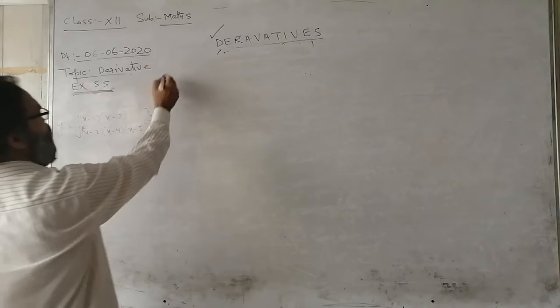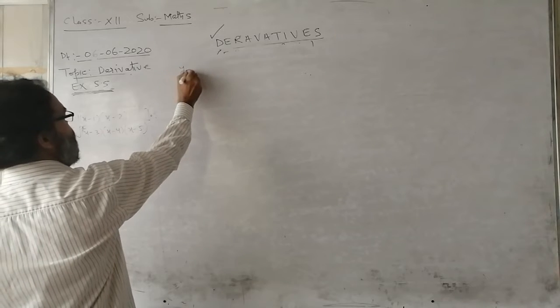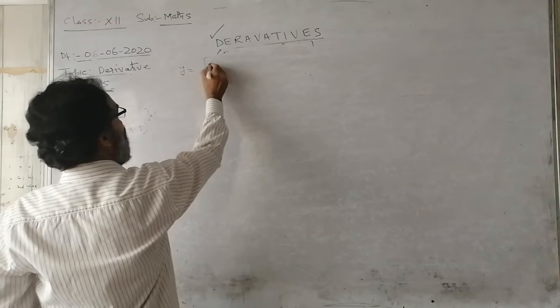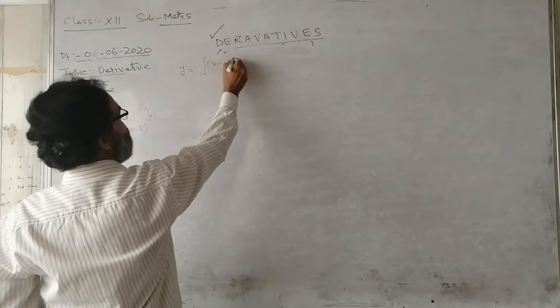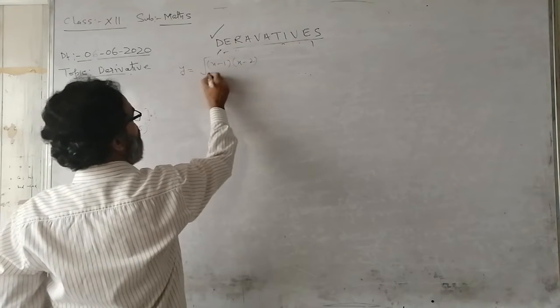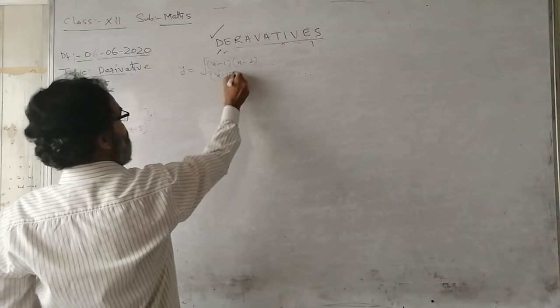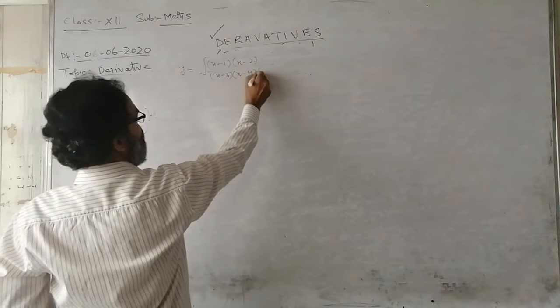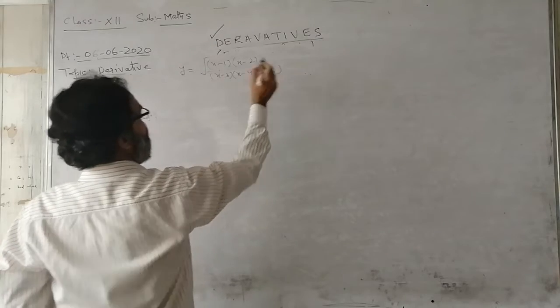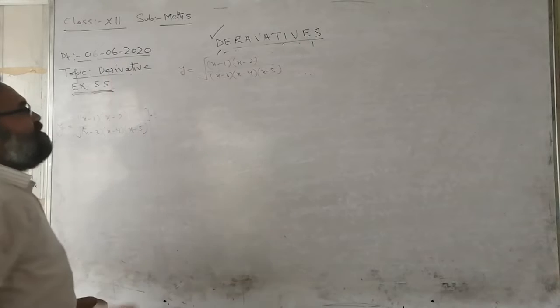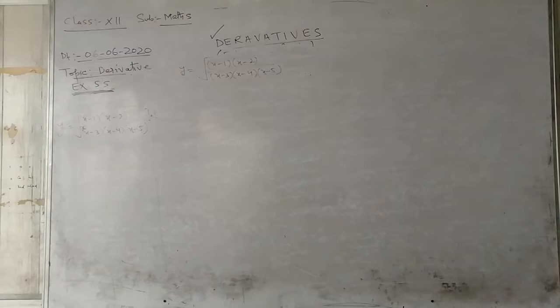So this question, y is equal to under root of x minus 1, x minus 2 upon x minus 3, x minus 4, x minus 5. So this is to be solved.